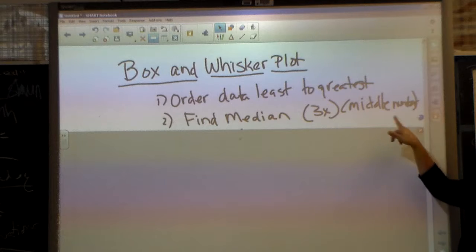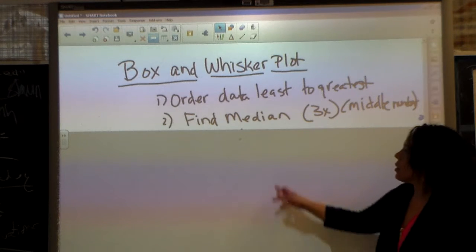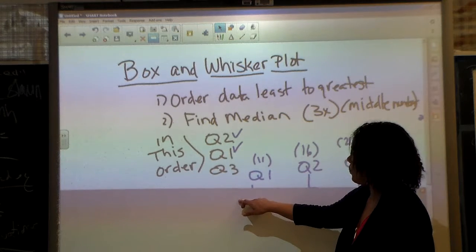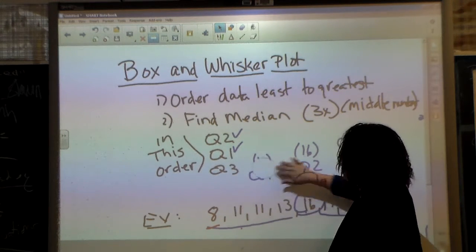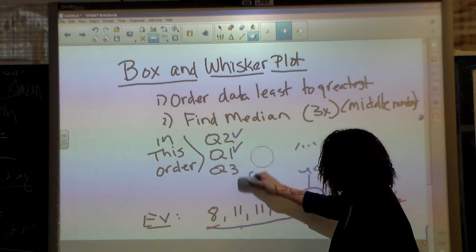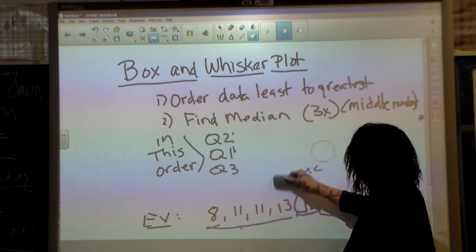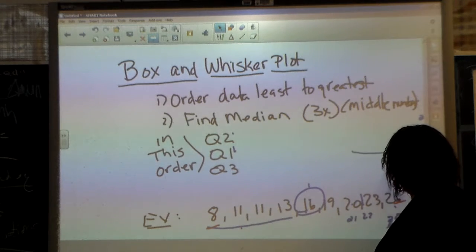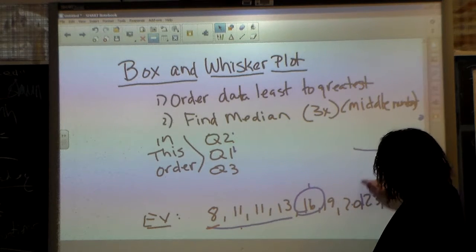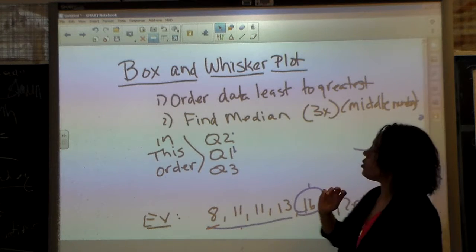Median is the middle number. So let me get this prepared for you. Just do it like that. You're going to do them in this order.